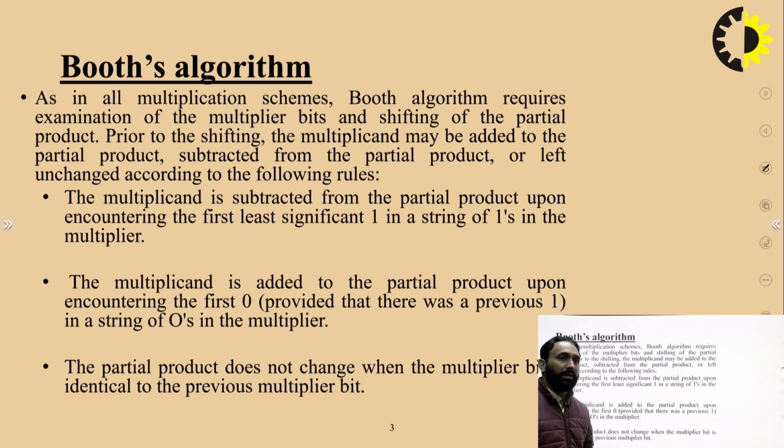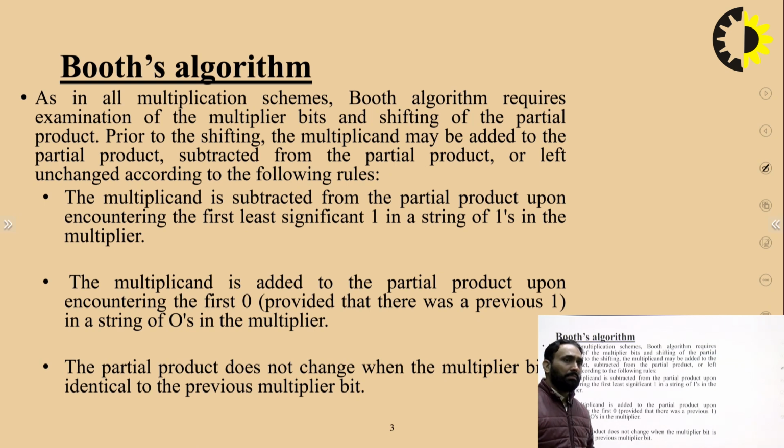The final product comes after adding the partial products, which depends on the number of iterations, and the iterations depend on the size of the multiplier. Whether it is 2 bit, 3 bit or 4 bit, the multiplicand is added to the partial product upon encountering the first 0, and the partial product does not change when the multiplier bit is identical to the previous multiplier bit.